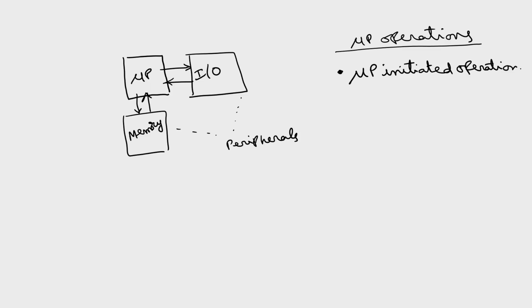I will discuss each operation in detail. The second is operations initiated by the peripheral, and there are some internal operations which do not need any communication with the peripheral devices. So, there are some internal operations which take place inside the microprocessor, and there are some operations initiated externally, or peripherally initiated operations.